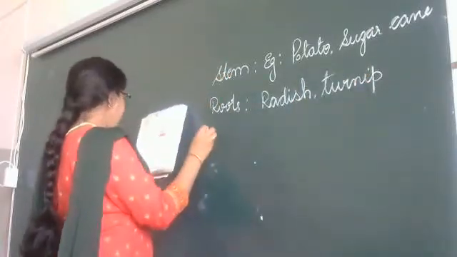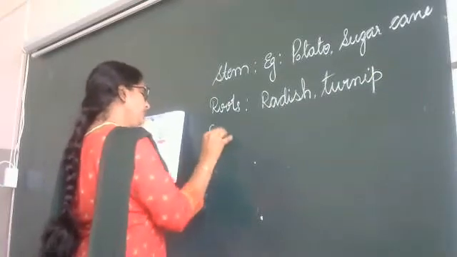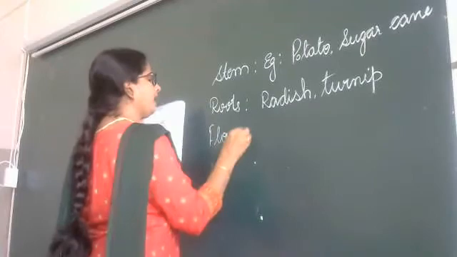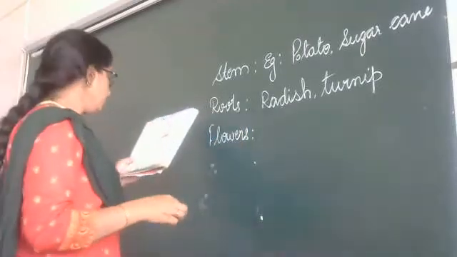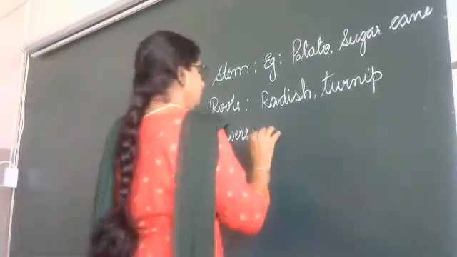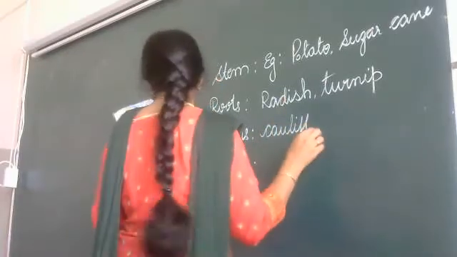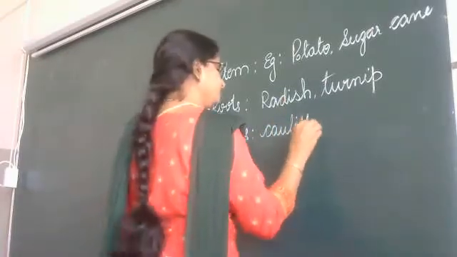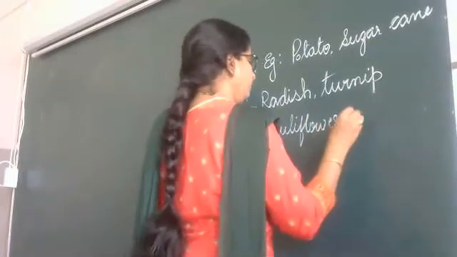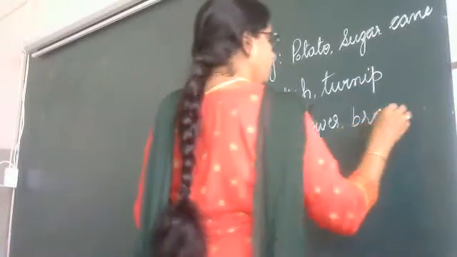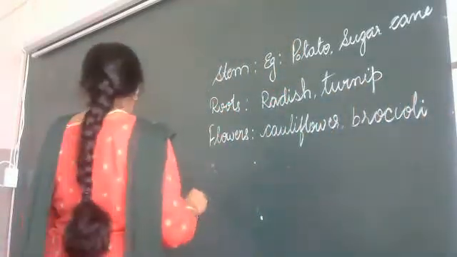These are the examples for roots. Also we eat flowers of plants. Which are those? Cauliflower and broccoli. These are the flowers of the plants.